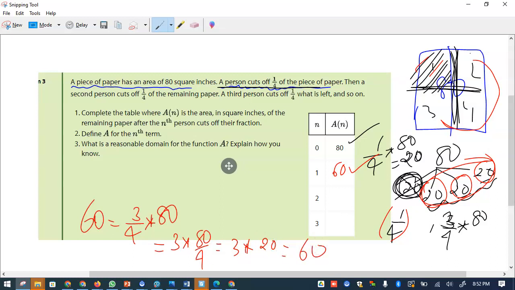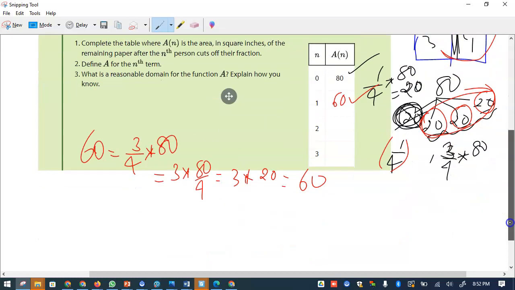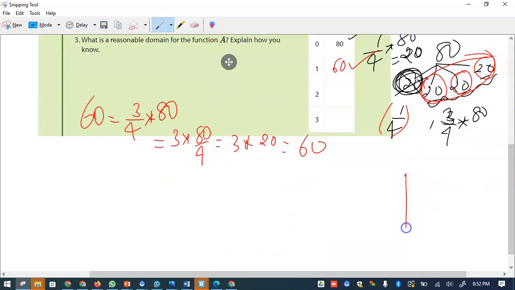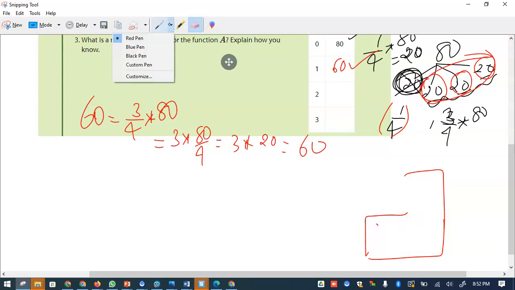And then again, next this piece is left, right? Let me put it like this, this part. So these 3 are remaining. So I'll take off the bottom part, this part. So this is 3, 4. This was 60 together.